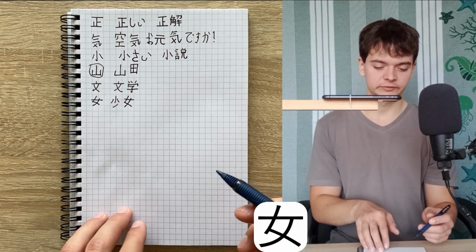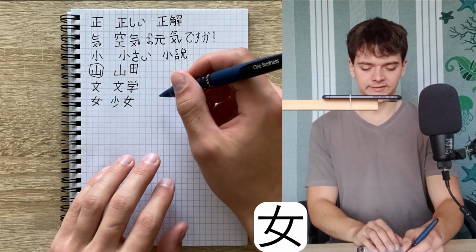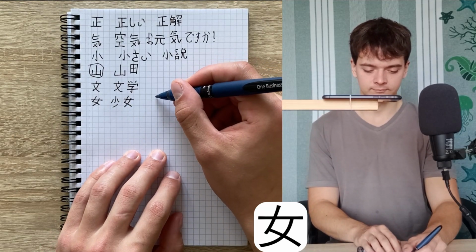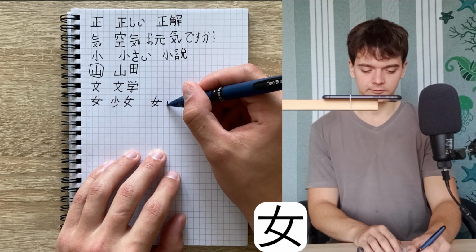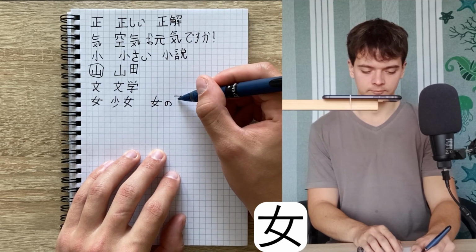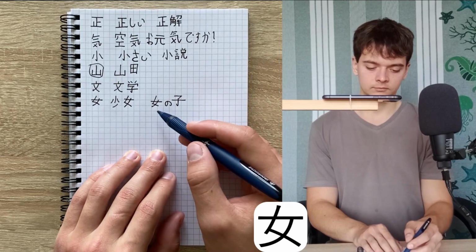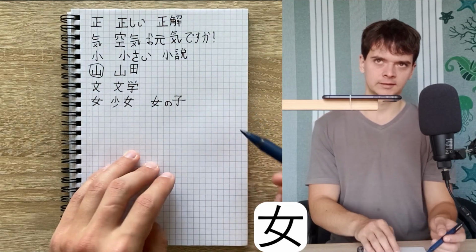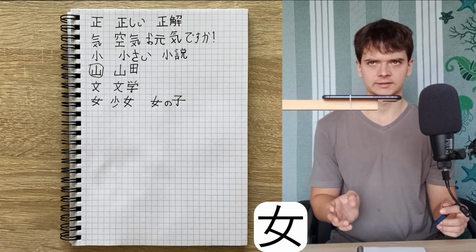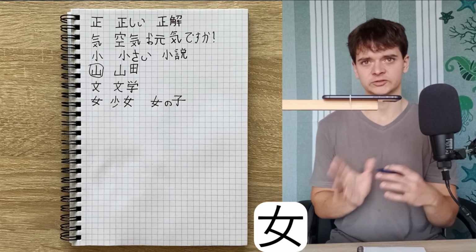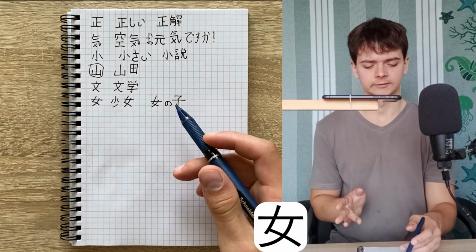There is another way of saying girl, and that is onnanoko. Onna no ko. Woman's child, but not in the literal sense, but in the sense that the woman is still a child, so she is a girl.